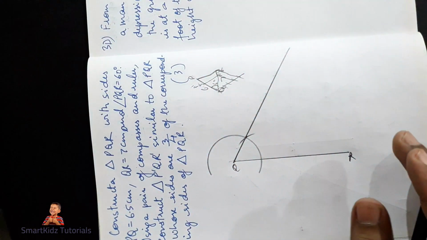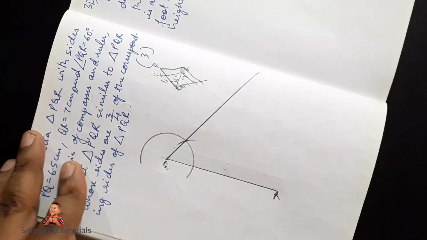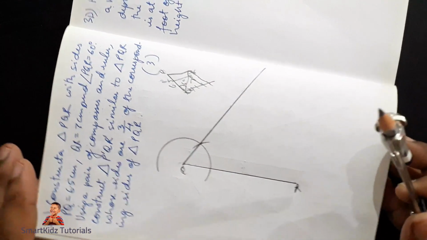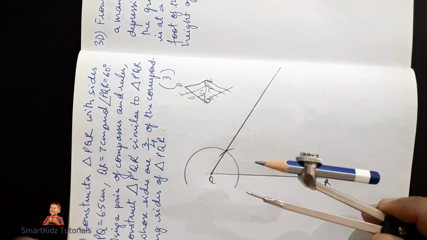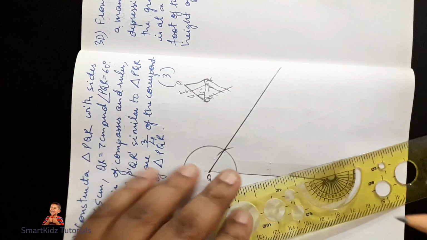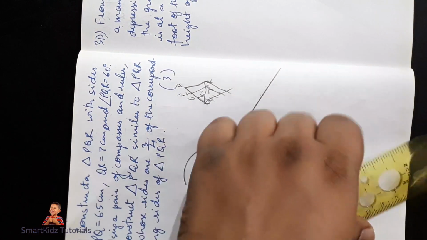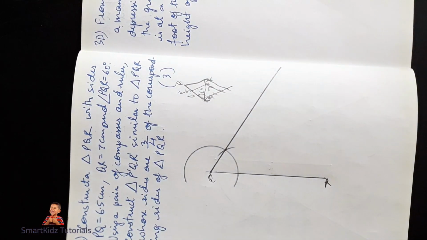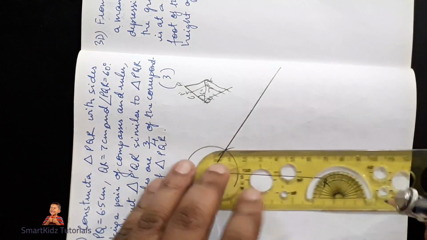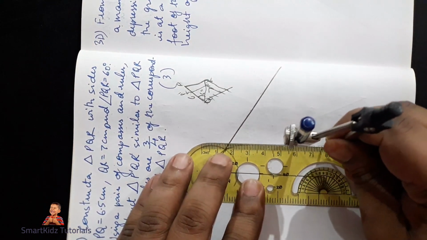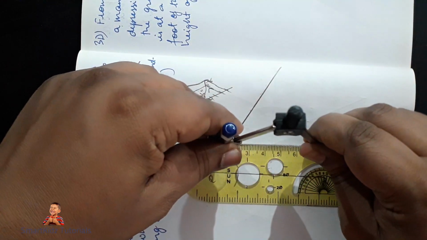Okay, and then in order to get PQ and QR, we need to cut on this line 6.5 centimeter, because we are told that PQ is equal to 6.5. Have a look.